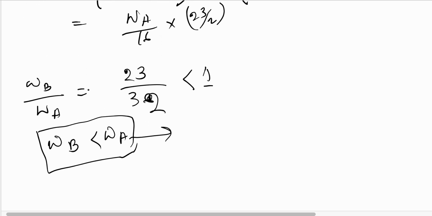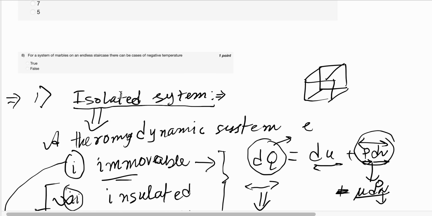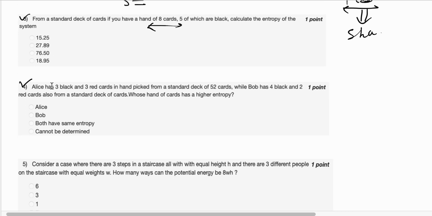But it is actually otherwise: not Alice's entropy is less than Bob's, but Bob's entropy is less than Alice's. It is not because of symmetry. It is all about how many ways one can get 6 cards, with 3 cards out of those 6 black and 3 red.